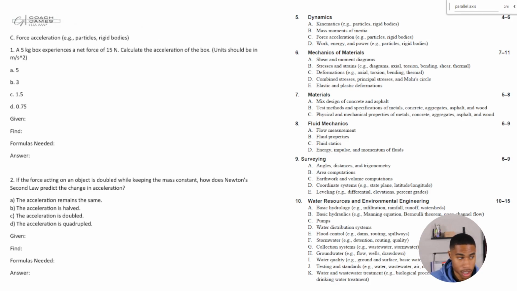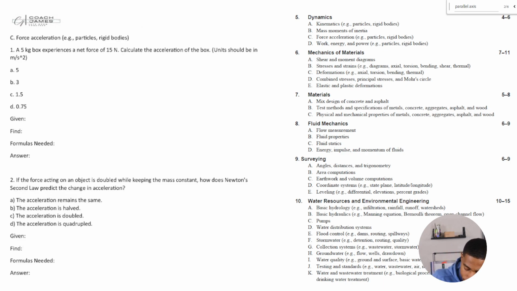So, number 1 says a 5 kilogram box experiences a net force of 15 newtons. Calculate the acceleration of the box. Unit should be in meters per second squared.